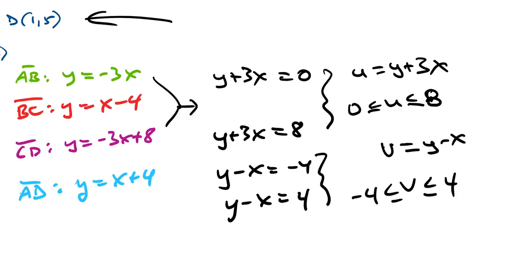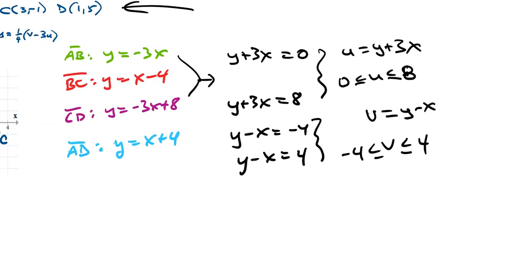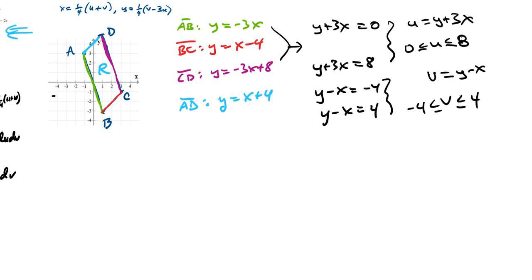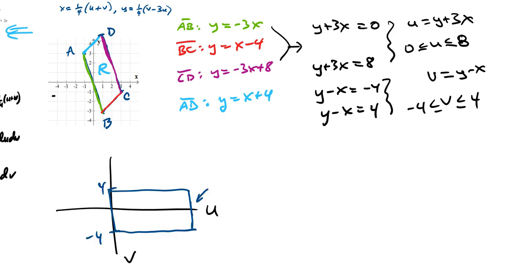So this is another box. And so S is going to be U between 0 and 8, and V goes between -4 and 4. So this here is S. We have a transformation going each way, and one is the inverse of the other.